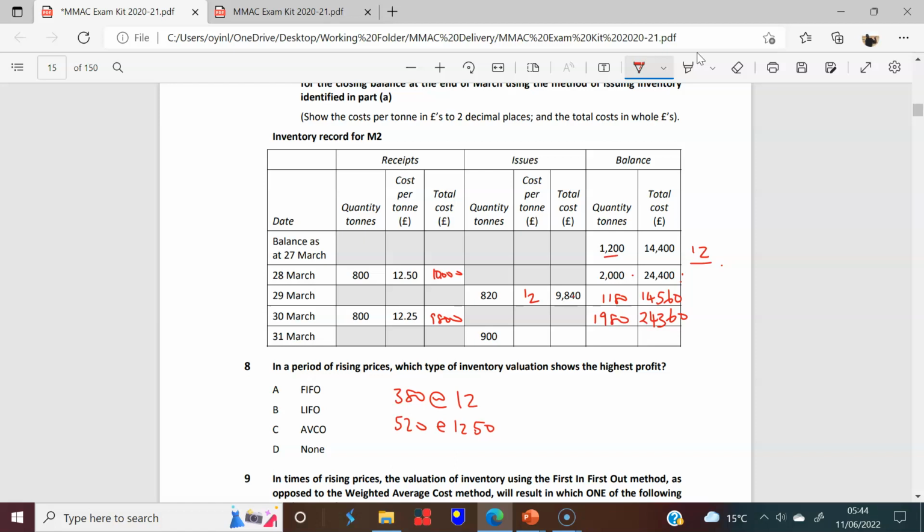Of course, you have 2,000 units comprising the 1,200 and 800. So that's all coming from this first batch. Nothing from here yet. Nothing from here yet. So now if we add all this together, you will have 380 times 12, which is 4,560.